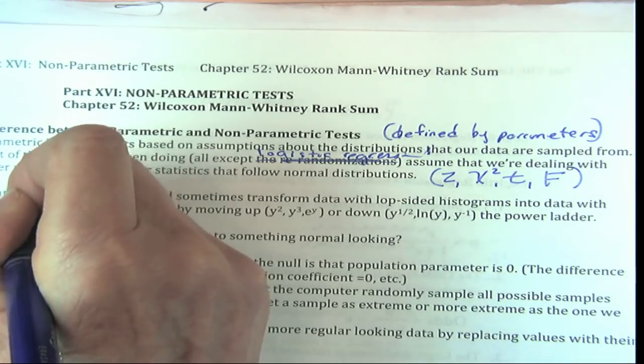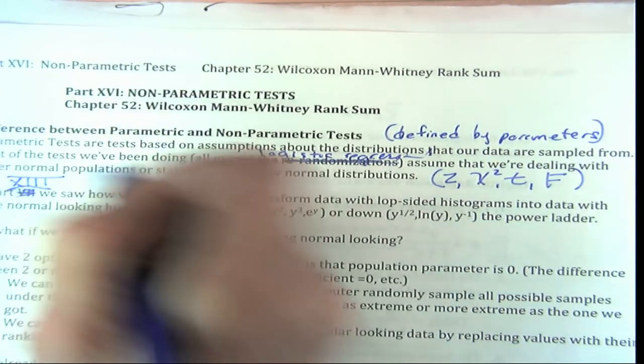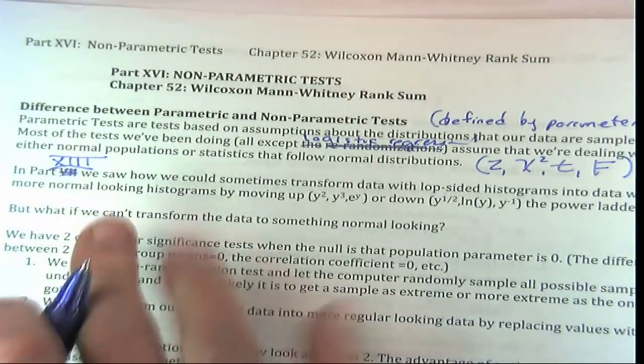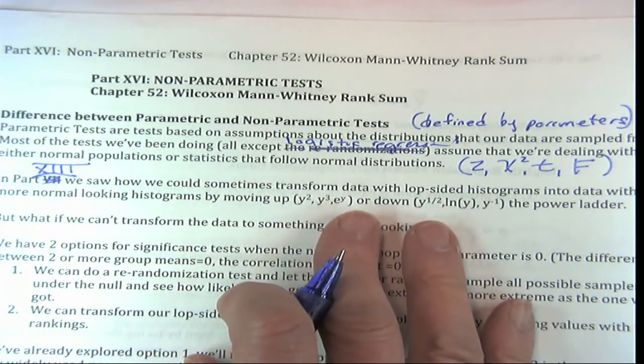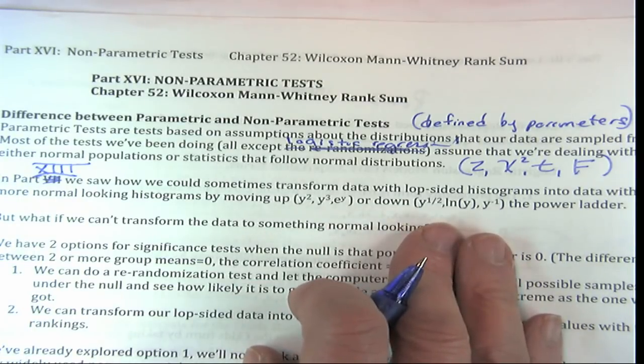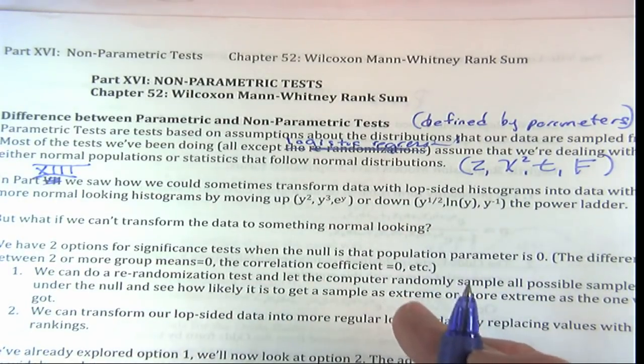All right, so in our last part, part 13, we did data transformations. And we saw how we could sometimes transform data with lopsided histograms into data with more normal-looking histograms.